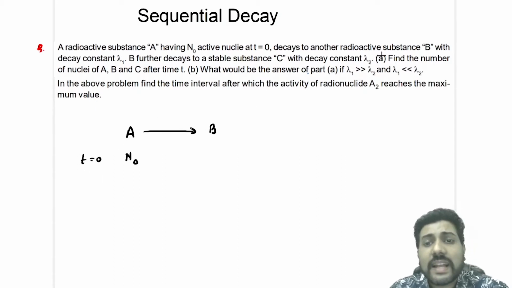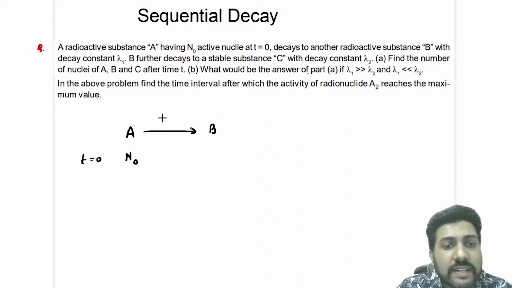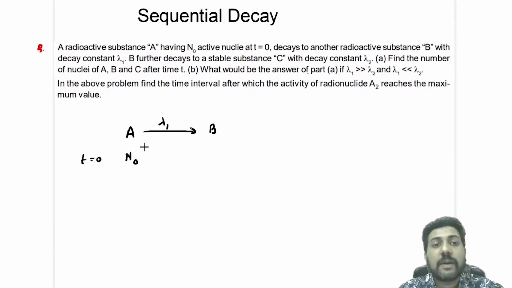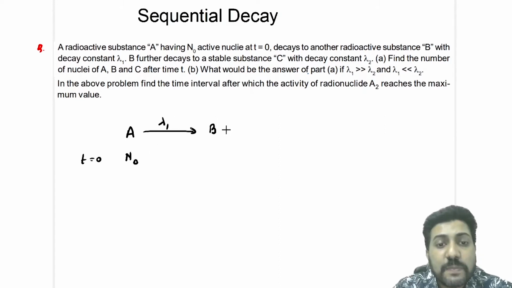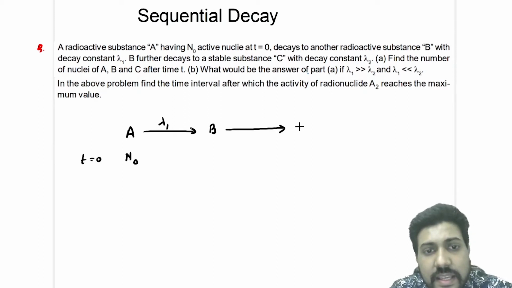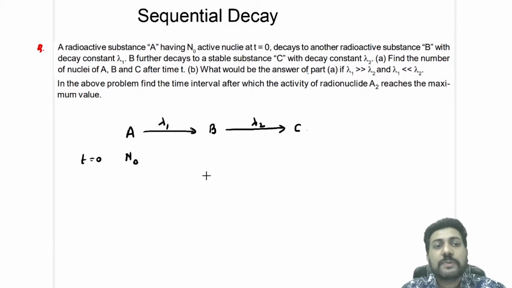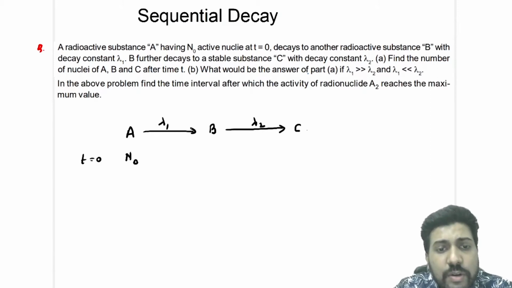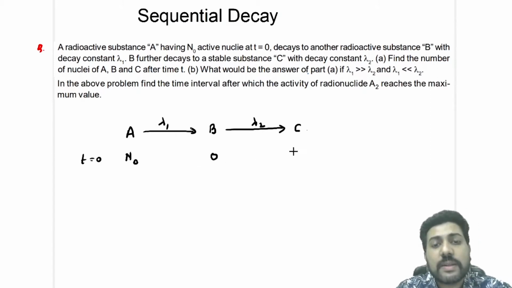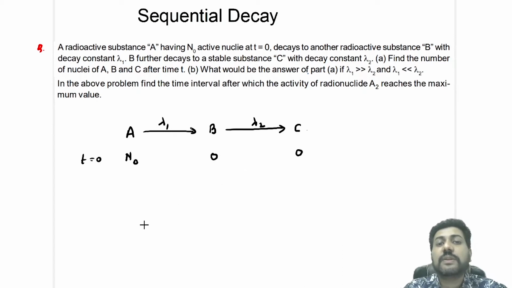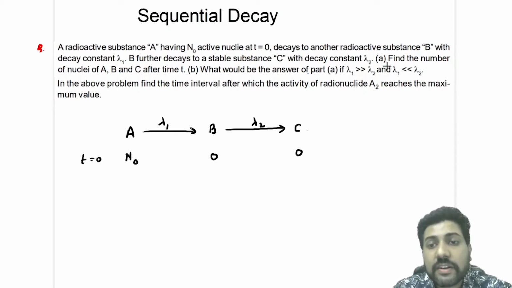It decays to another radioactive substance B with a decay constant lambda 1. Then this B further decays into C with a decay constant lambda 2. At t equal to 0, the number of nucleus of B is 0 and the number of nucleus of C is also 0. Then part A of the question is: find the number of nuclei of A, B and C after time t.